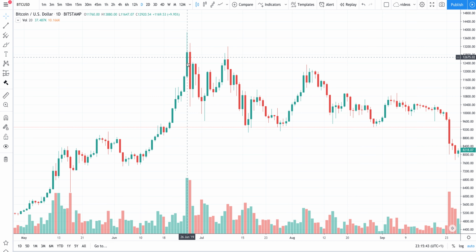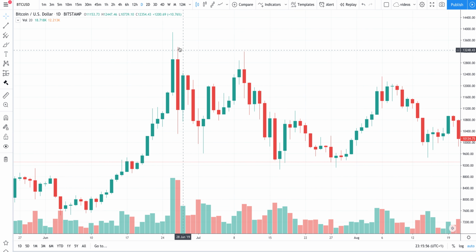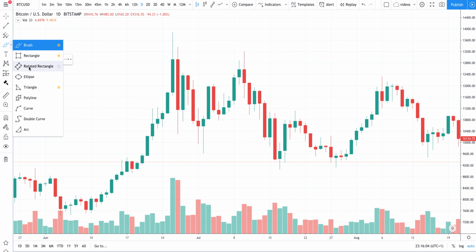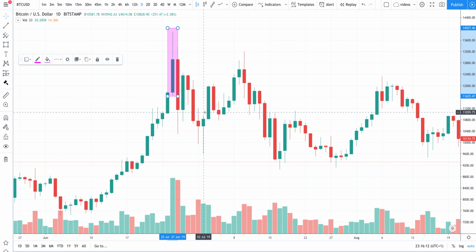Okay, these green and red boxes, together with the shadows you see on the upside and downside of each candle, is a candle. So let's make it more clear. Let's use a rectangle. What you see here in this rectangle is called a candle.